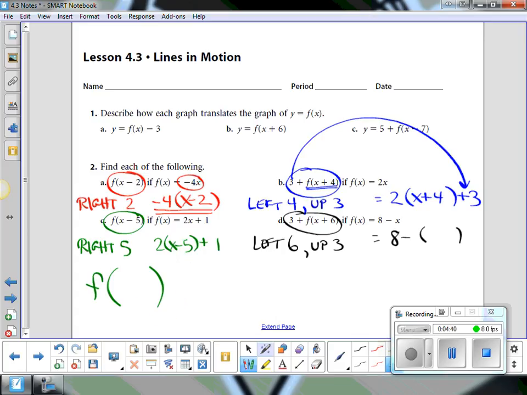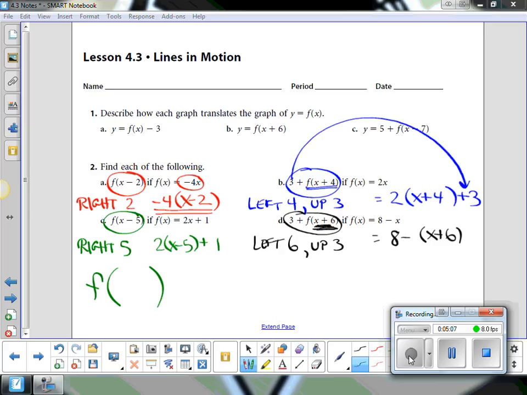So what's in the parentheses in D? Yes, x plus 6 is in the parentheses. So that goes in the parentheses. It was 8 minus x. Now they want you to do 8 minus x plus 6, because x plus 6 is in the parentheses.